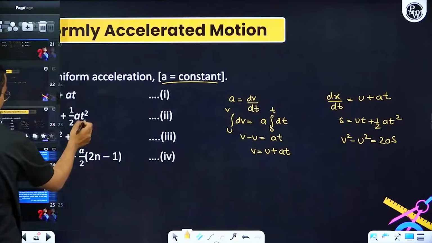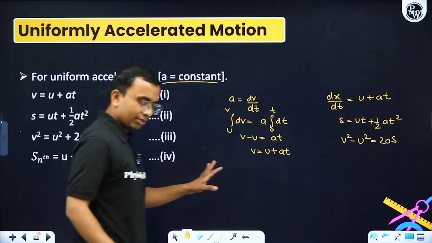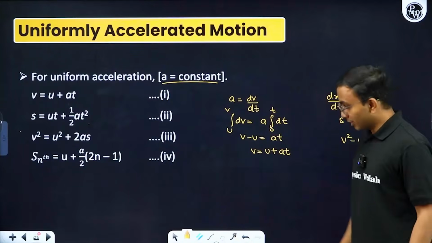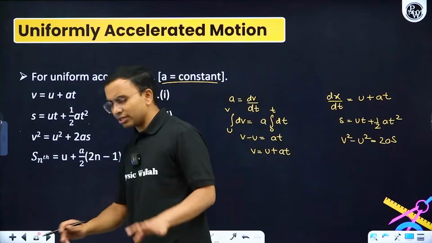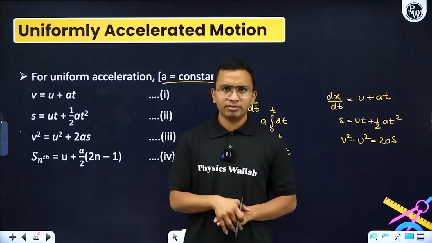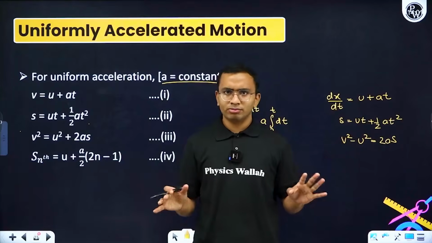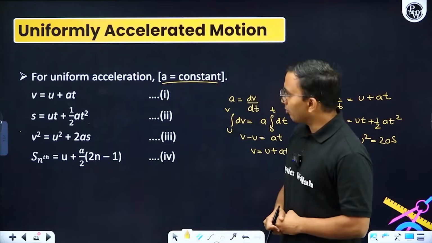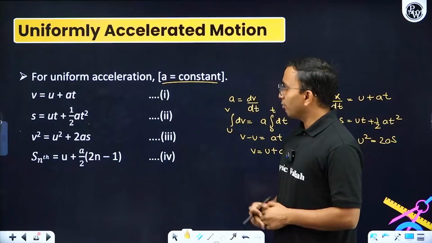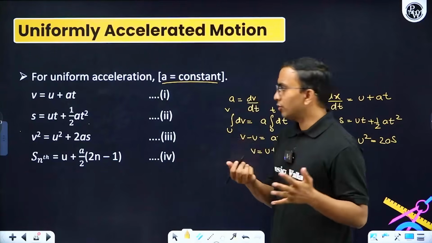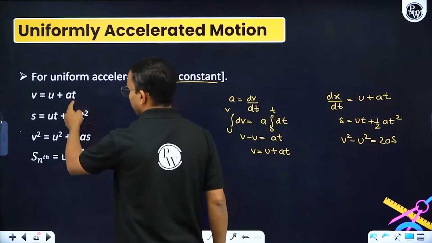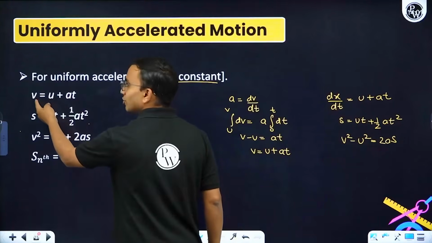Where were we? Yes, we got these three equations. Quickly, we derived them also. Now coming to some questions. The questions here are simple on these equations, because in 10th class, or maybe in 9th class, you might have practiced these types of questions. Two things are given, one thing you need to find. Let us take time is given, acceleration is given, initial velocity is given, you need to find final velocity.